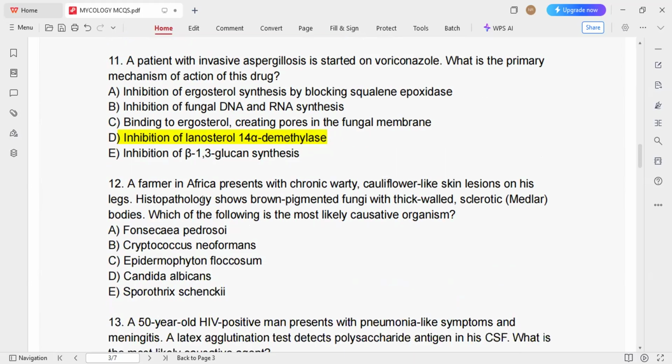A farmer in Africa presents with chronic warty cauliflower-like skin lesions on his legs. Histopathology shows brown pigmented fungi with thick-walled sclerotic bodies. So this is very specific. What did you find as the answer? First of all, what disease is this?